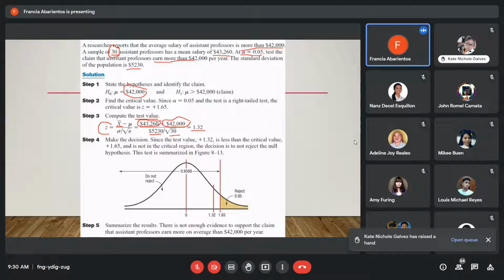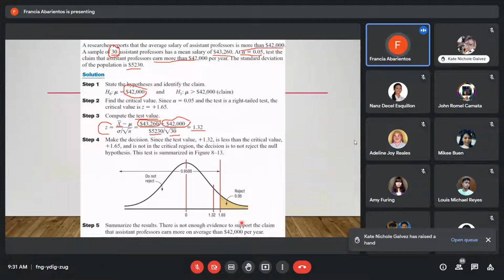Okay? We need to summarize the results. So, there is not evidence to prove yung claim natin that the assistant professor earned more on an average per year. Okay? Ito yung claim natin. So, di natin i-reject to na null hypothesis natin. Okay? No evidence na that is the greater than.